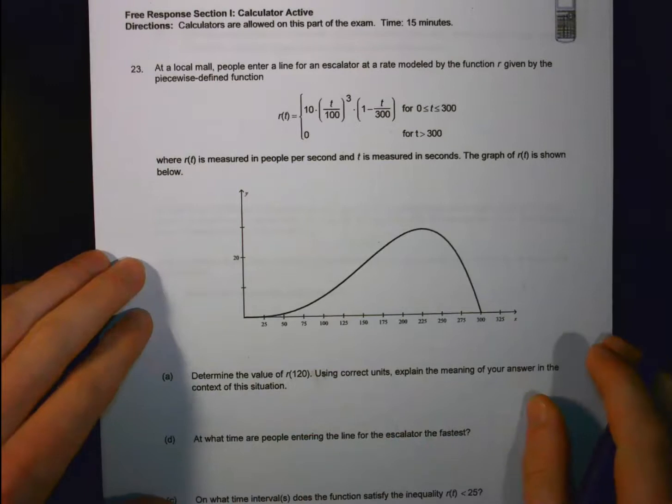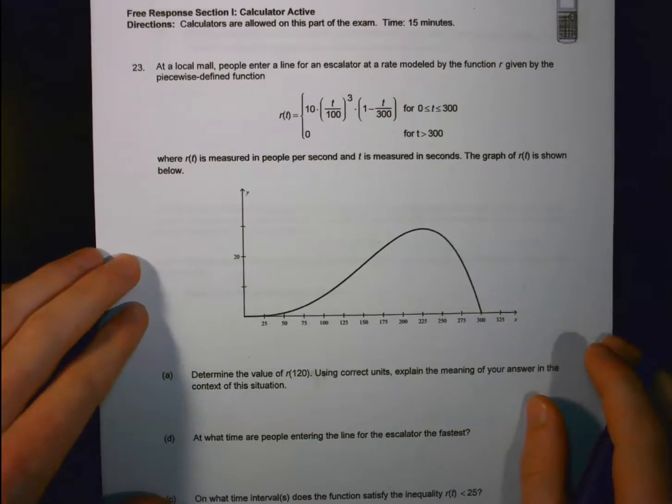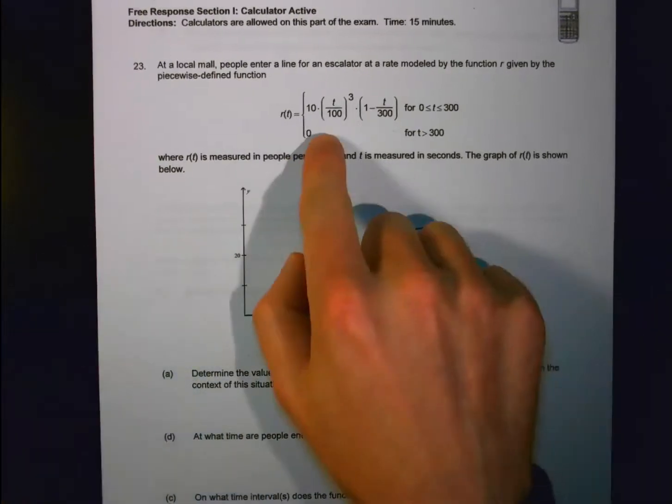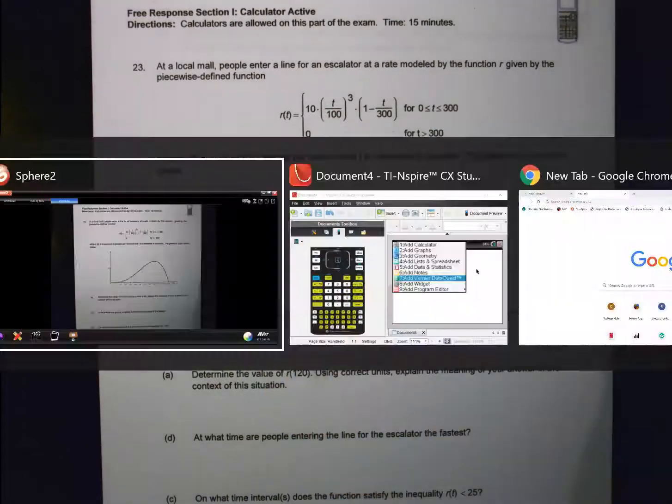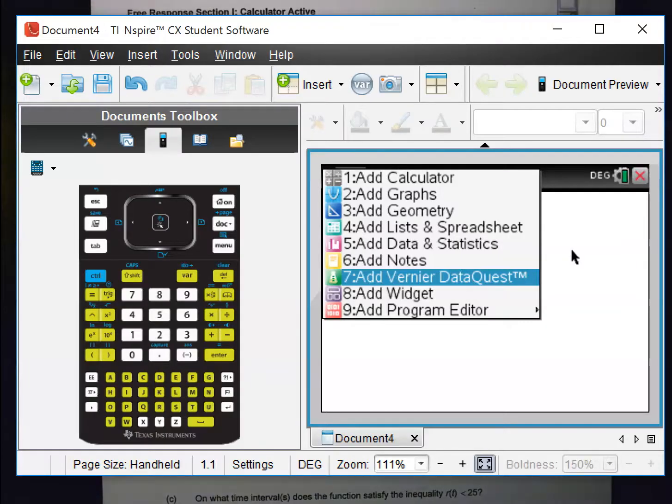Since this is a calculator active question, I'm going to start this problem off by putting the function R of t into my calculator directly.